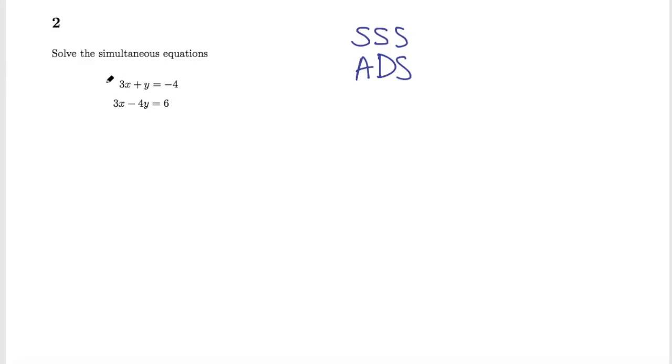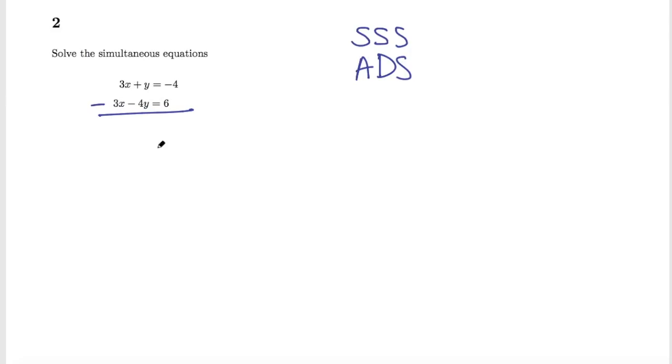So what this is saying is if the coefficients that are equal have the same signs, in other words if they're both positive like these two 3x's, we subtract the equations. So now we can subtract each of the terms in these equations, and we can come up with our solution.